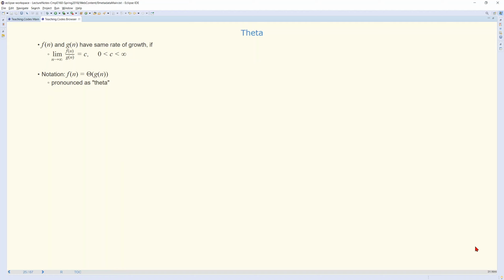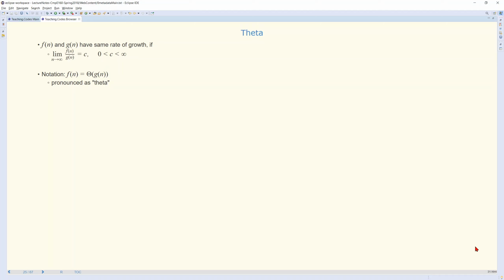So we first define the theta function. Consider two functions, f of n and g of n. If they have the same growth rate, then for small values of n, f of n could be better or worse than g of n. I don't care about that. What I care about is what happens as n goes to infinity.